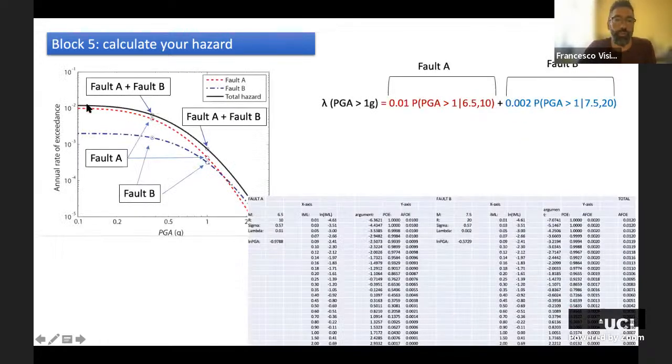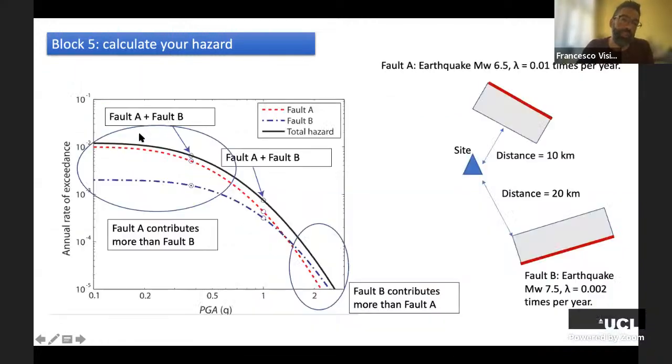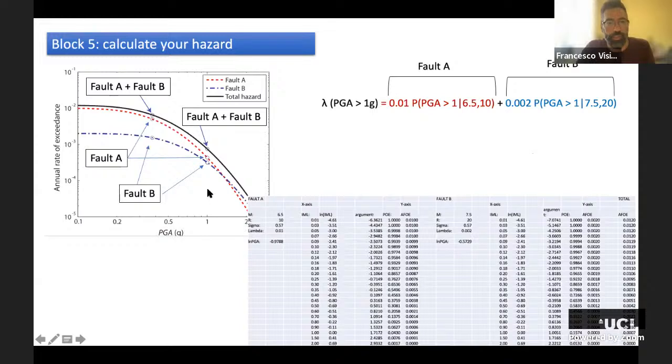For fault A, for example, we have the red dashed line. For fault B, we have the dash-dotted line in blue, and for each PGA level, the total hazard is given by the sum of the contributions of fault A and fault B. So we are using the total probability theorem to calculate our total hazard.